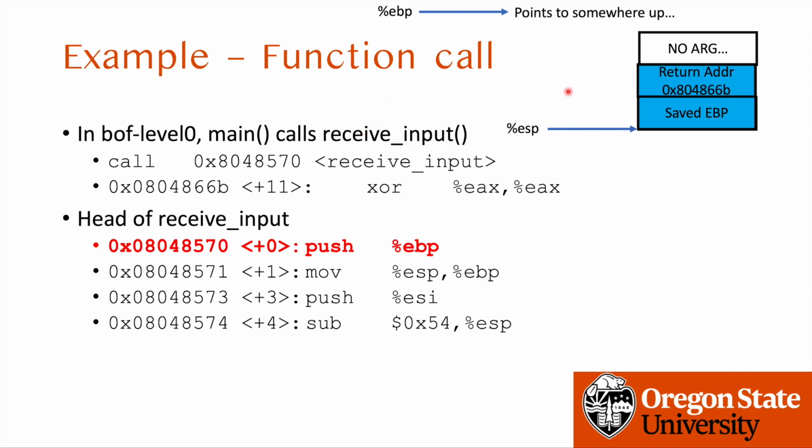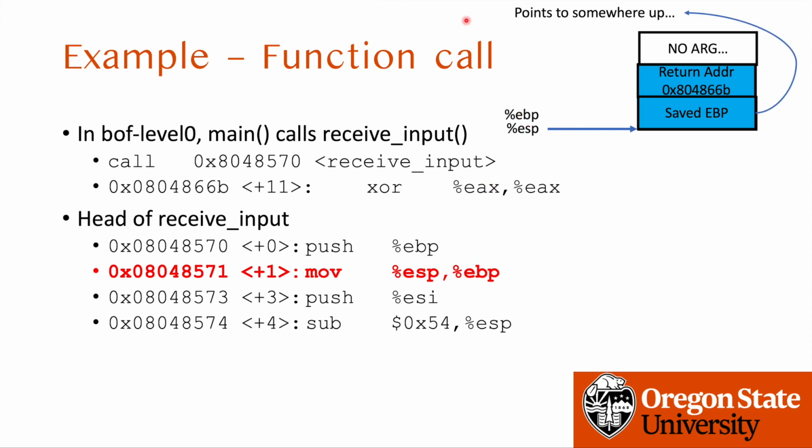So this process creates a new stack frame for a new function right after calling the receive input function. We store the previous EBP value on the stack. And then the next instruction is move ESP to EBP, so we set the value of the EBP to the value of the ESP.